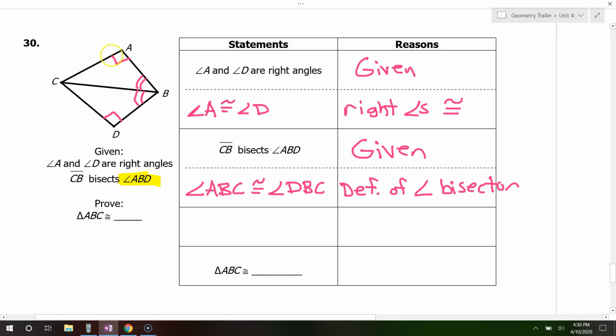Is there anything that we can mark on the picture just by the way it looks? The shared side. That is going to be congruent for both triangles. So that means segment CB is congruent to segment CB.